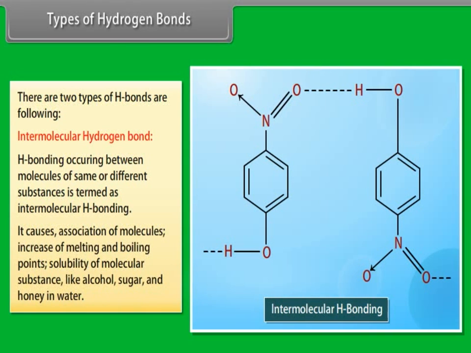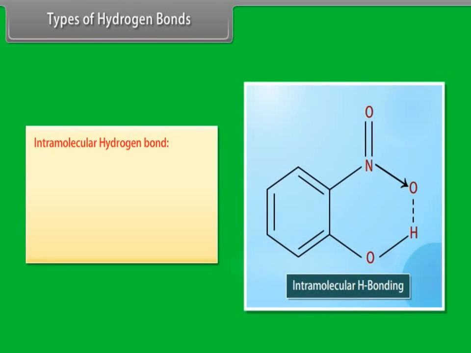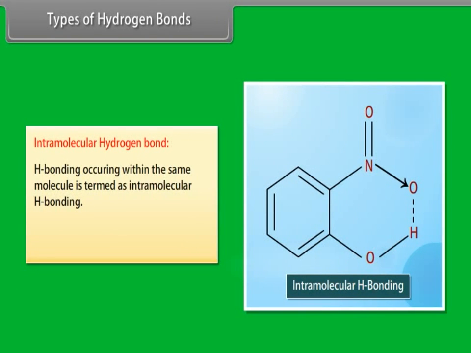It causes association of molecules, increase in melting and boiling points, and solubility of molecular substances like alcohol, sugar and honey in water. Intramolecular hydrogen bond. Hydrogen bonding occurring within the same molecule is termed as intramolecular hydrogen bonding. O-Nitrophenol, salicylic acid are some examples of intramolecular hydrogen bonding.